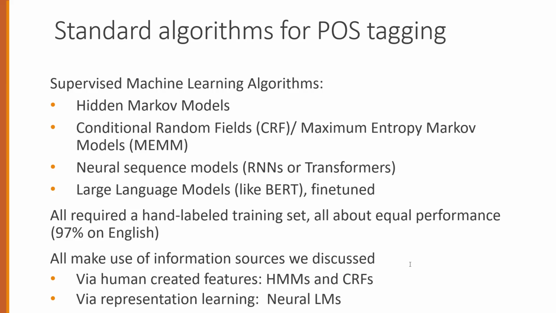For English, with sufficient training data, all achieve about equal performance. And all make use of the information sources we discussed. Hidden Markov models or conditional random fields use human-designed features, and the neural models by inducing these features via representation learning.